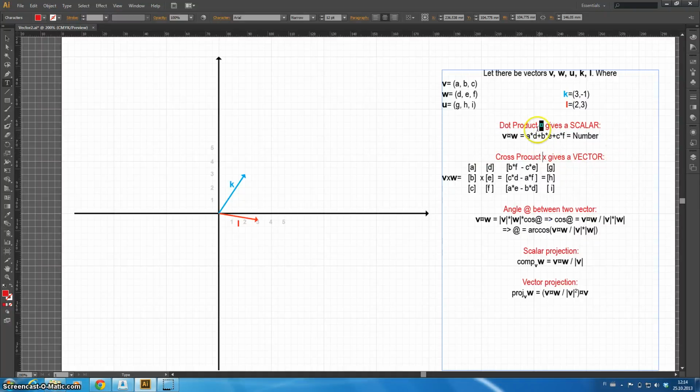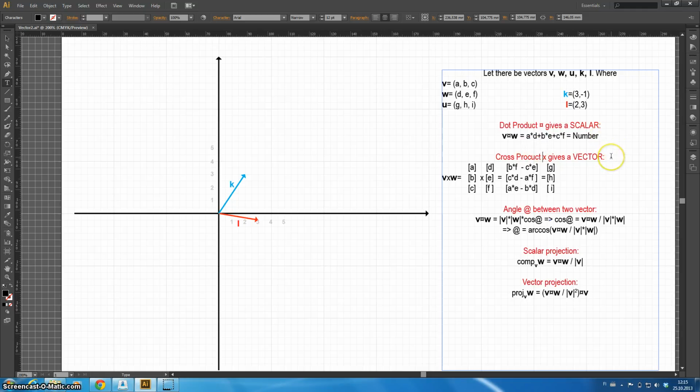When the v vector is over here and we take the dot product with the w vector, we find a number which is a scalar by this formula.